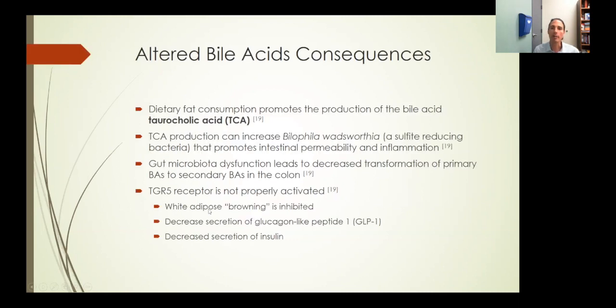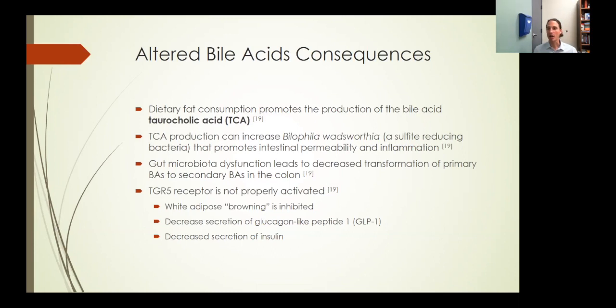One more slide on bile acids. Dietary fat consumption. Overconsumption of dietary fats promotes the production of the bile acid taurocholic acid. This is a particular bile acid. And TCA production can increase a particular bacteria called Bilophila wadsworthia.